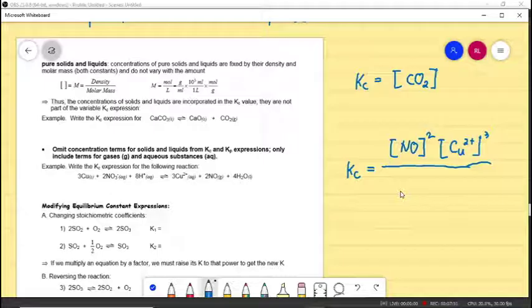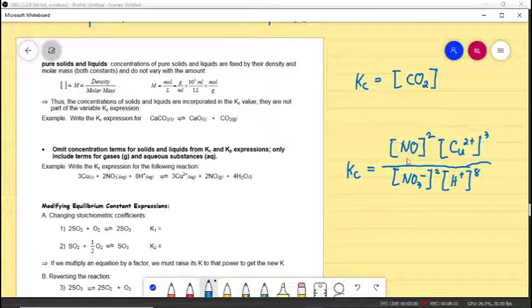No more in the numerator. Then in the denominator we have the concentration of nitrate ion raised to the power of 2 times the concentration of hydrogen ion raised to the power of 8. So this is the equilibrium expression for this example.